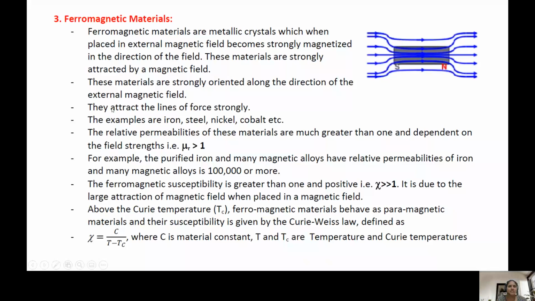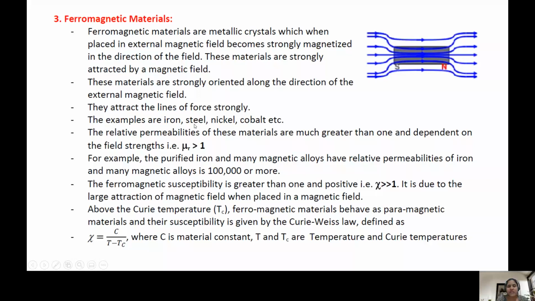And we will see the features of the ferromagnetic materials. Ferromagnetic materials are the metallic crystals which, when placed in the external magnetic field, become strongly magnetized in the direction of the field. These materials are strongly attracted by the magnetic field. These materials are strongly oriented along the direction of the external magnetic field due to the presence of the permanent dipoles. They attract lines of force strongly.